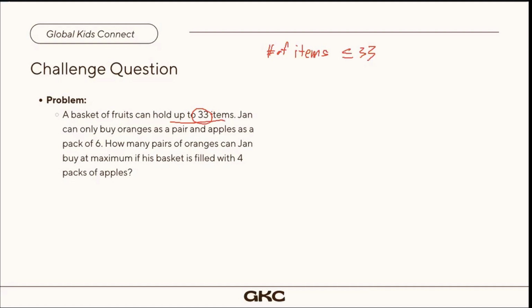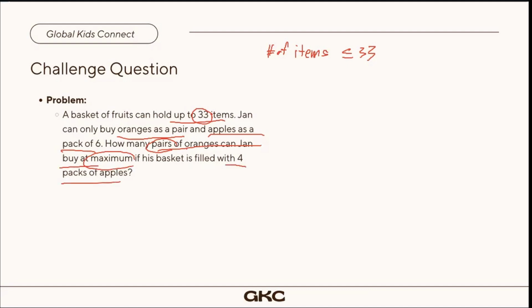Then Jan can only buy oranges as a pair and apples as a pack of 6. So she can only buy 2 oranges at a time or 6 apples at a time. Next, the question asks how many pairs of oranges Jan can buy at maximum if her basket is filled with 4 packs of apples.